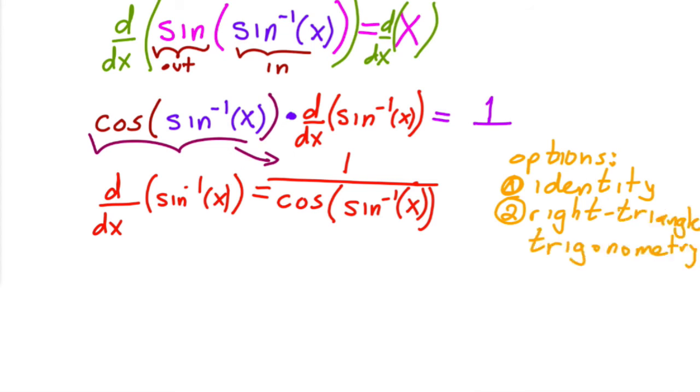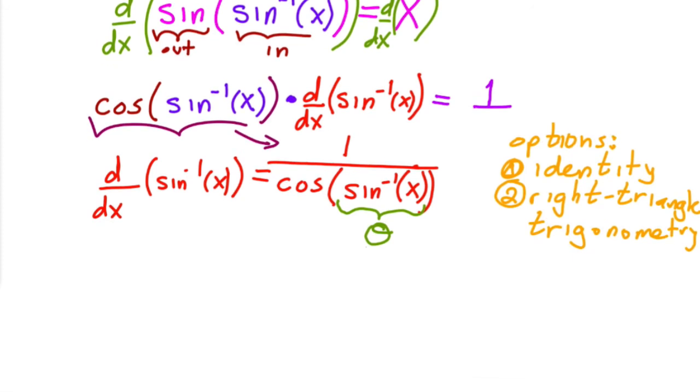Okay, so you have to remember your trig if you're going to do this, but let's call this inverse sine of x theta. Remember that inverse sine is only defined between negative pi over 2 and pi over 2.